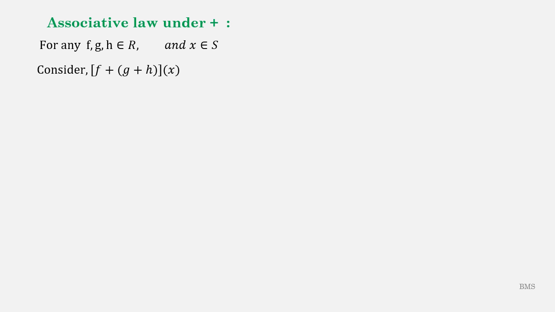For that we have to consider this. See, take (f plus (g plus h))(x). Then this can be written like this: f(x) plus (g plus h)(x). This is by the definition of plus in R.